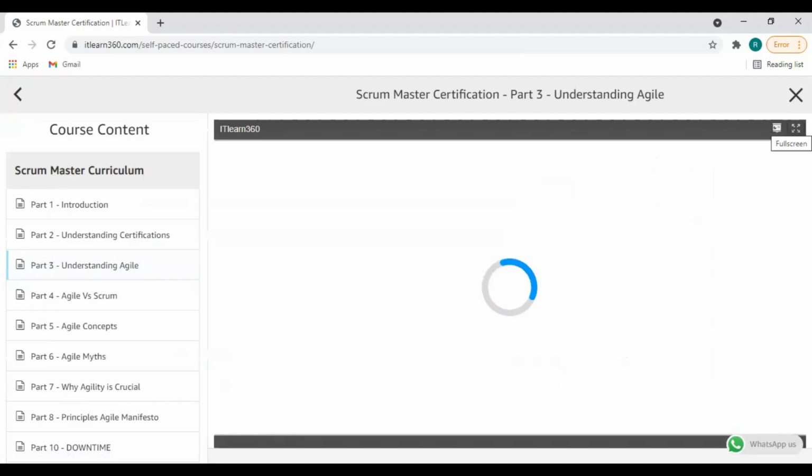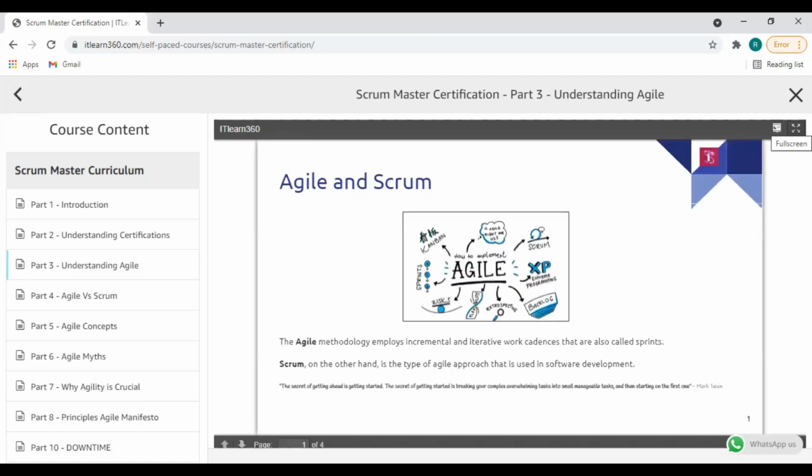Agile is booming, and a lot of professionals and industries are learning Agile, and they're looking forward to practice Scrum and Agile. So that's how we'll be learning and working.